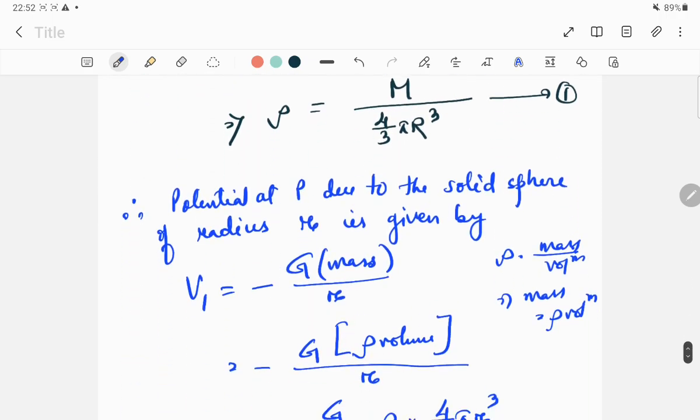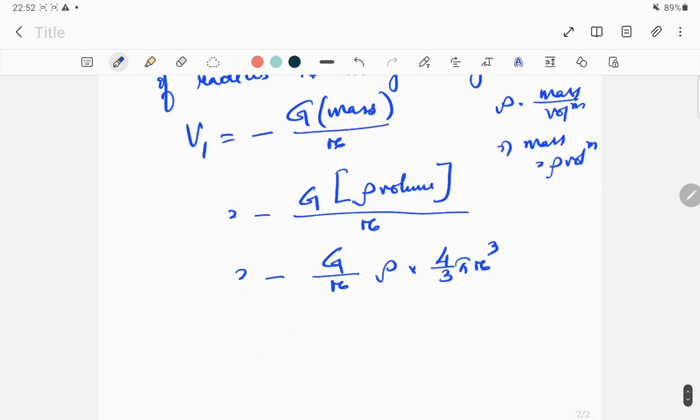So r cancels, and it is G 4 pi rho r square by 3. This is our V1. If you wish, you can put the value of rho here directly.